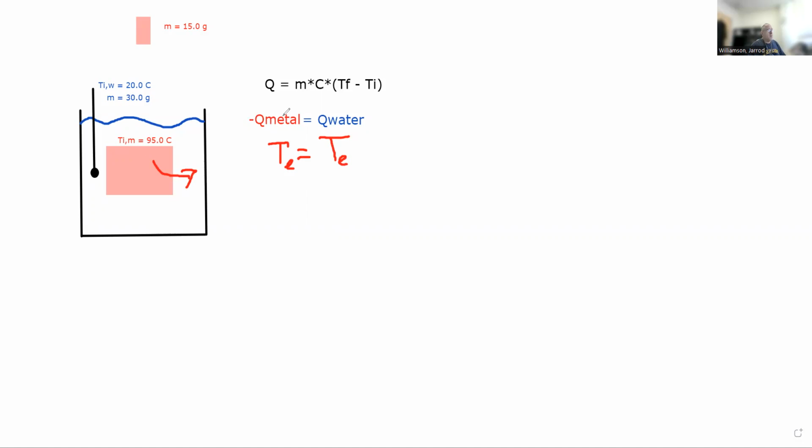So the heat from the metal will leave and go into the water.